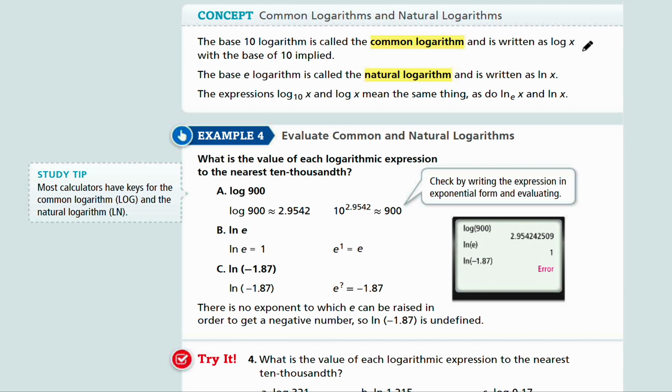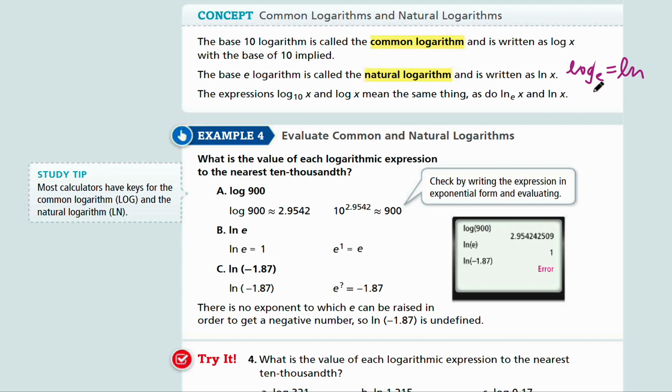Base e log is called a natural log, and if it's log base e, you'll never see this because we don't use that term. Instead, we just use ln. So that's just ln x, which is the natural log, the log with base e.